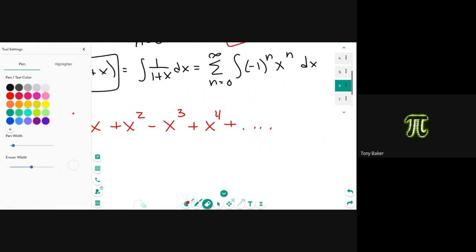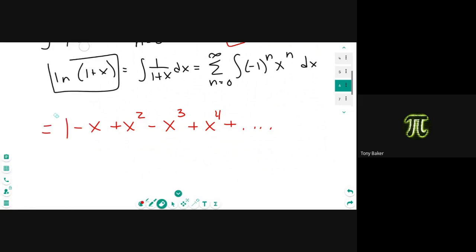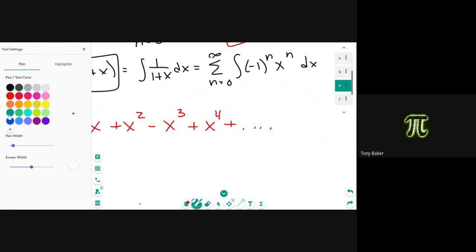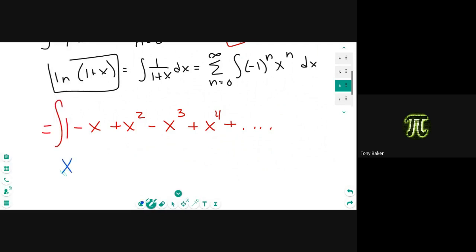All right. So what is the integral of this? It's x. Actually, let me change the color. It will help differentiate the notes.